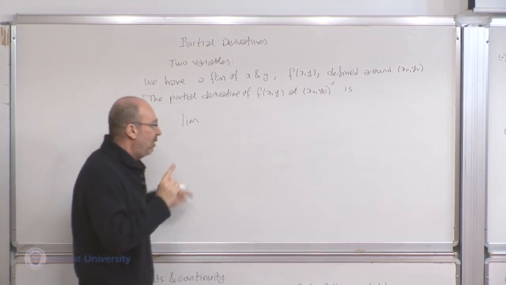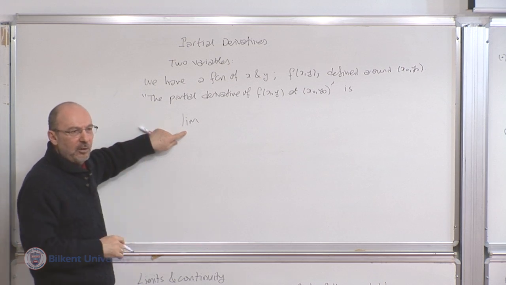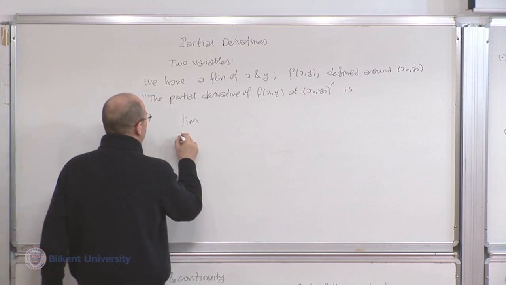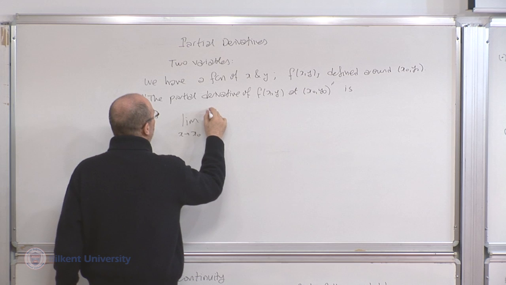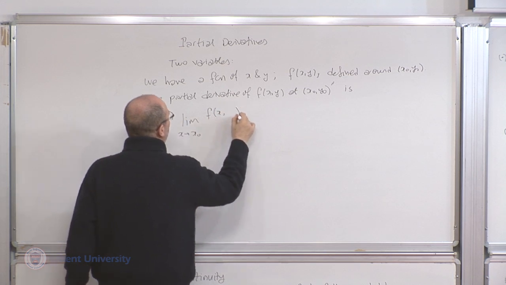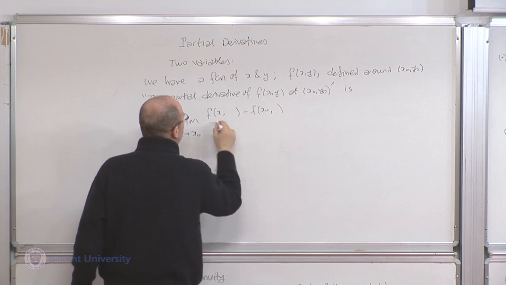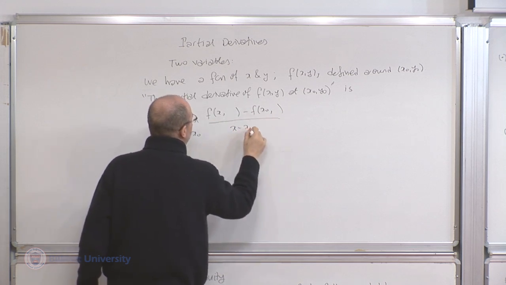Remember we will write the usual limit quotient. Here we are treating everything as constant, so only x will change. So x goes to x sub 0 of f of x minus f of x sub 0. So I'll put something here, divided by x minus x sub 0.